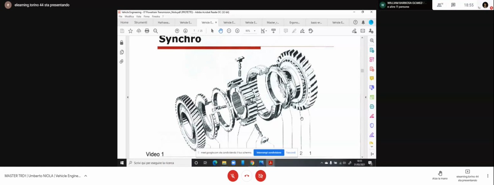So imagine the high revving for a motorcycle maybe is 8,000 RPM. The primary shaft is rotating at 2,000 only, which is a very low speed. So you have very little difference in rotational speed between the primary and secondary shaft. And you have no need really for synchromesh.